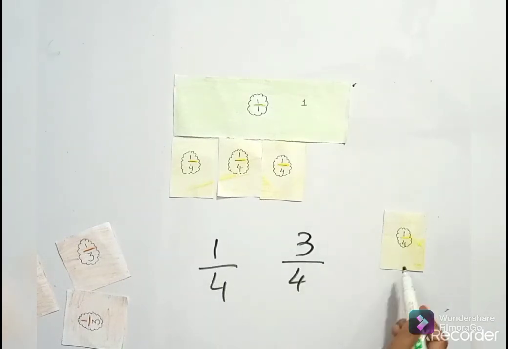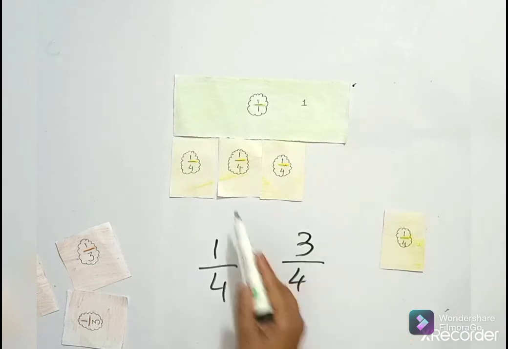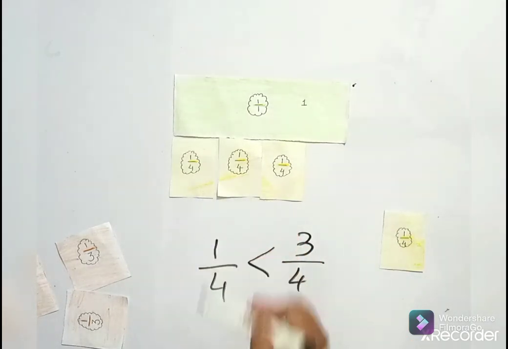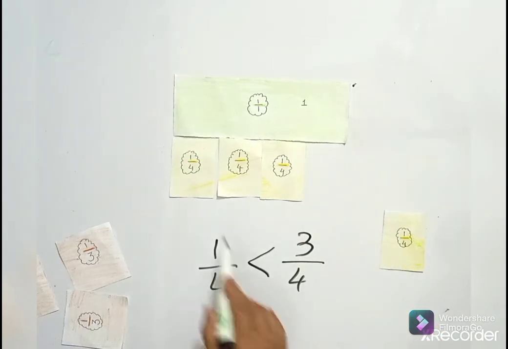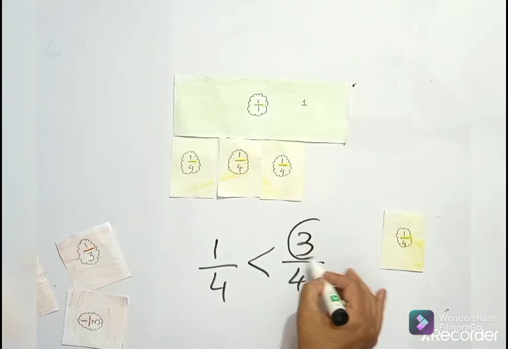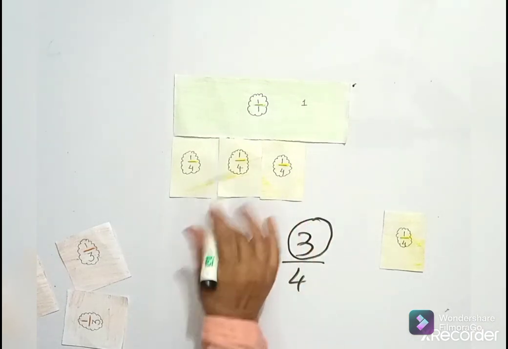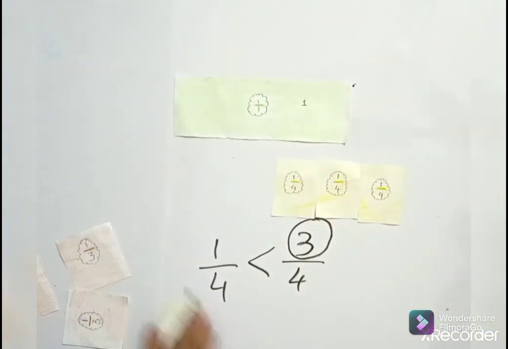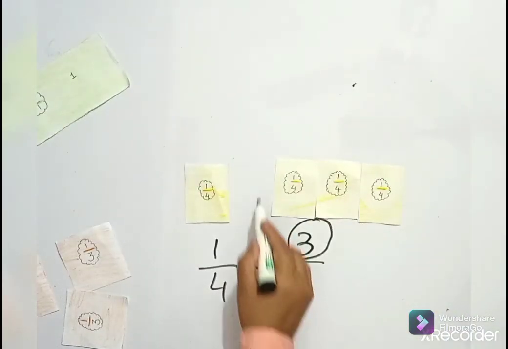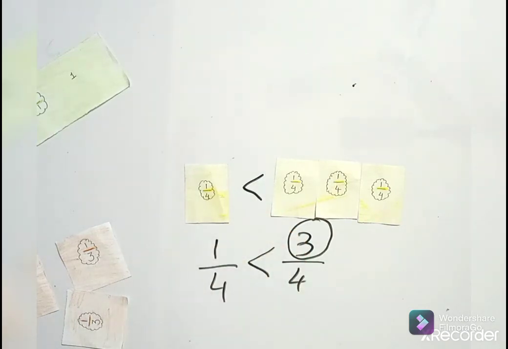Which is greater, 1/4 or 3/4? 3/4 is bigger because I have more parts and 1/4 is smaller. When you have the same denominator, the one with more parts is greater. Can you see 3/4 and 1/4?